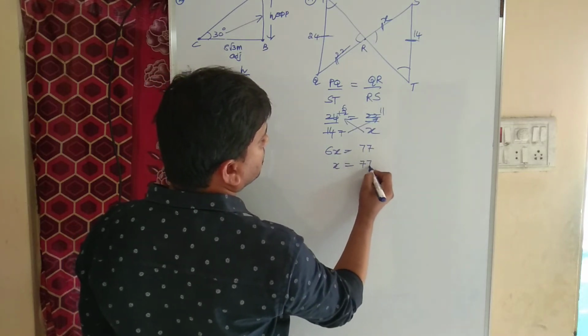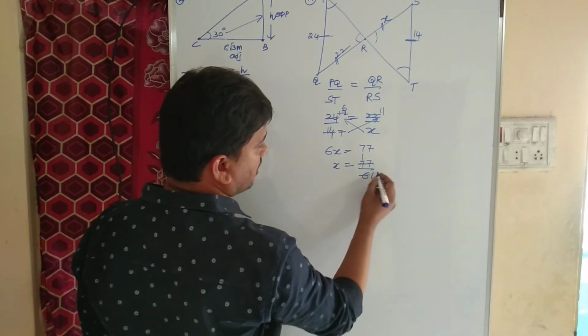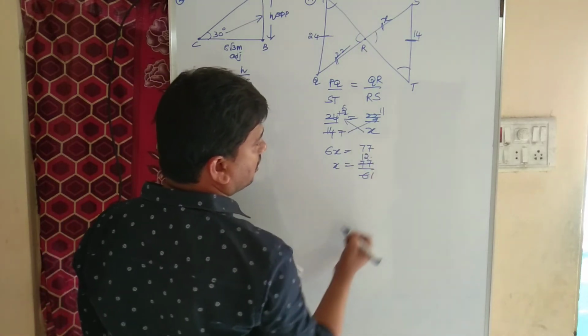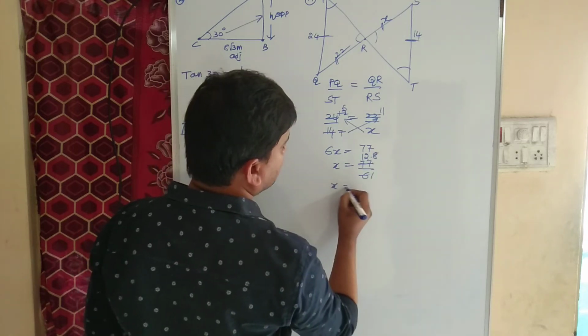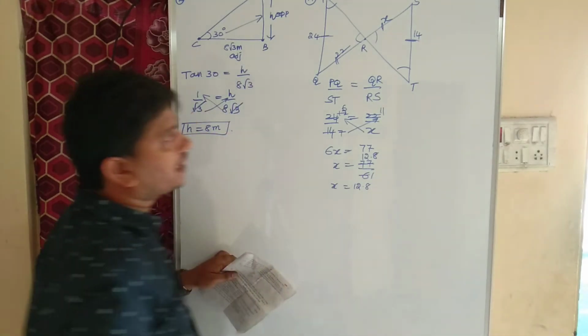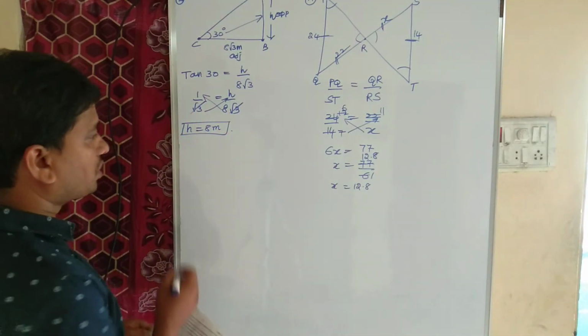So x equal to 77 by 6, which is 12.8 centimeters, right? Now coming to the 20th question.